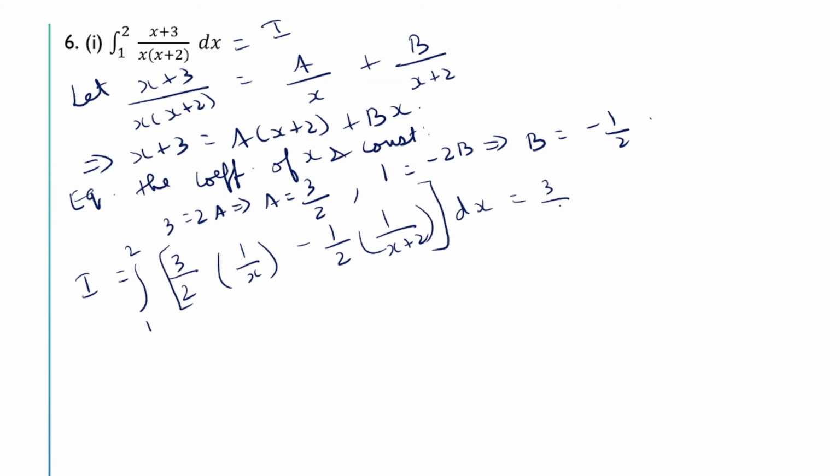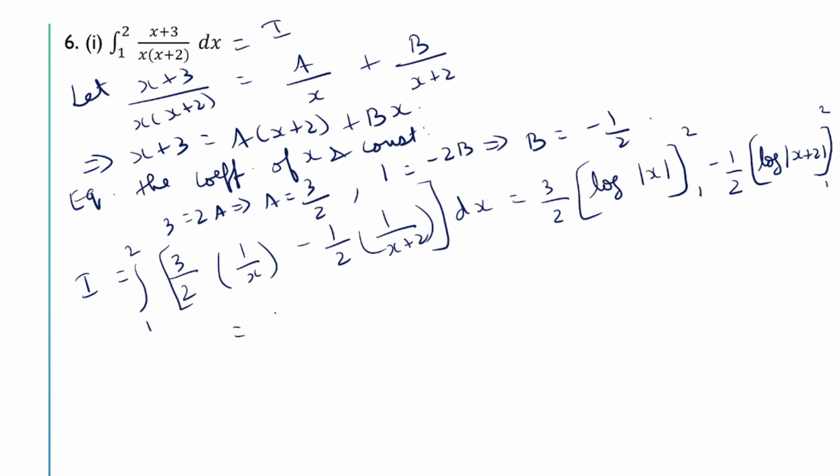So this is equal to 3 by 2 into integral 1 by x, which is log mod x, with the limits 1 to 2, then minus half into integral dx by x plus 2, which is log mod x plus 2, with the corresponding limits.